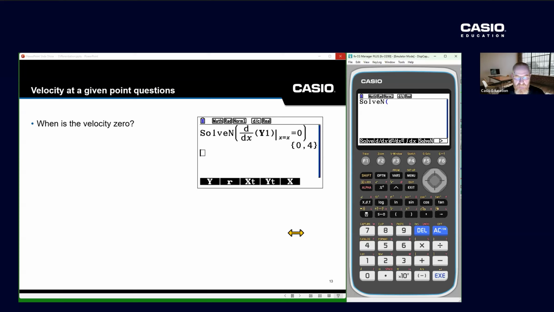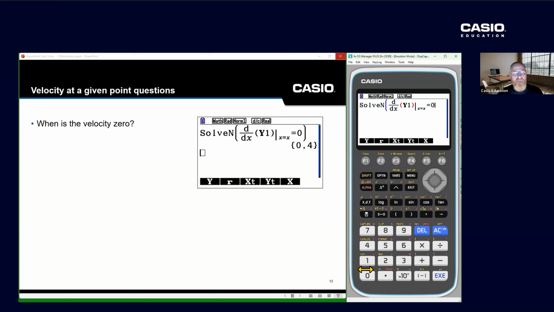This demonstrates nicely that within Solve N, it does more than just solve equations. You can solve straightforward polynomials, for example. You can also use differentiation within it, and integration. So let's use our first derivative template, and I'm going to stick with using the graph notation. I am differentiating at the general point x, and I need to equate this equal to 0.